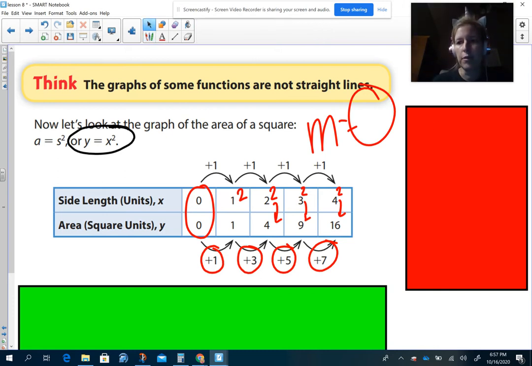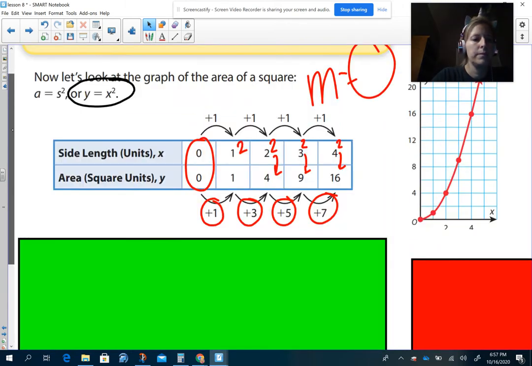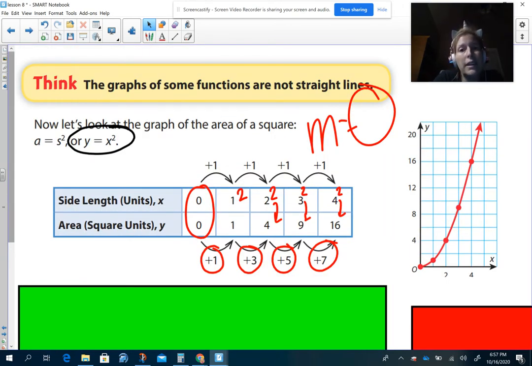Let's look at what this graph would look like. Is that a straight line? No, it's not a straight line. It's curved, isn't it? That's because my rate of change isn't constant. I don't have the same y over x.